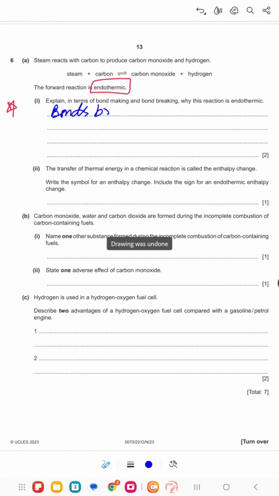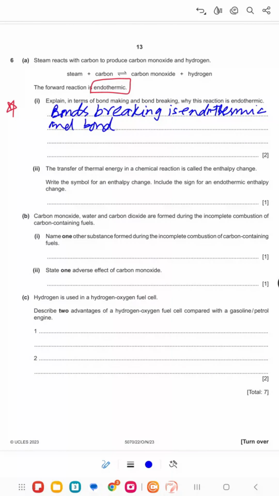Bonds breaking is endothermic, and bond making is exothermic.